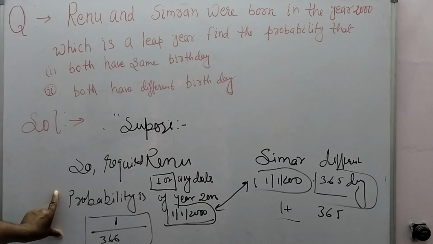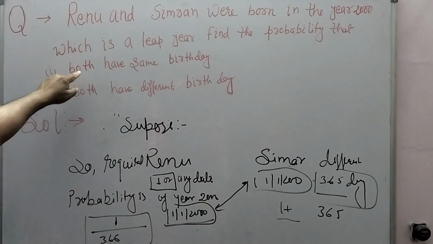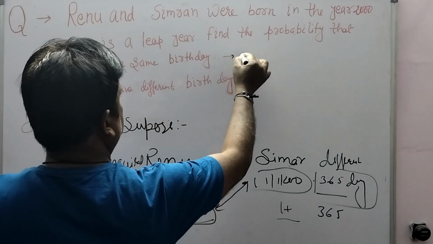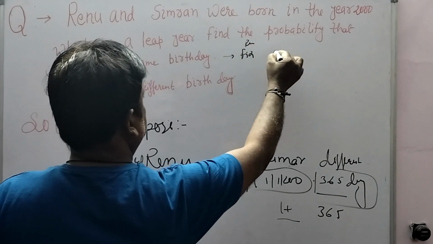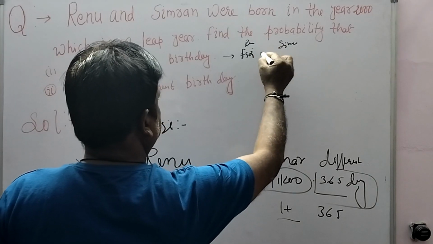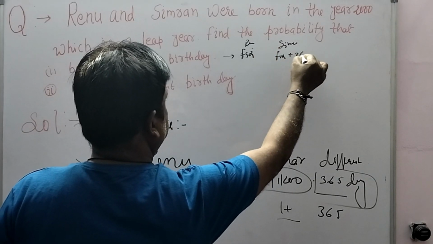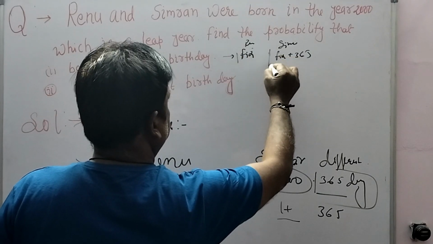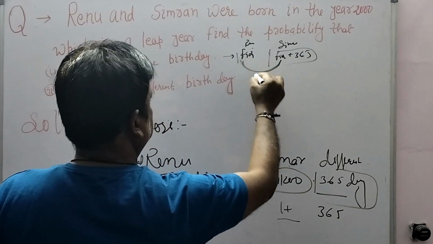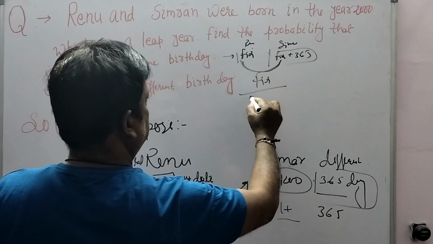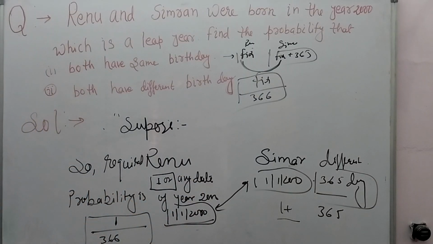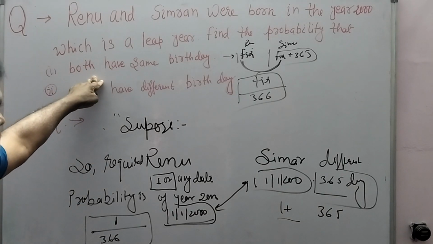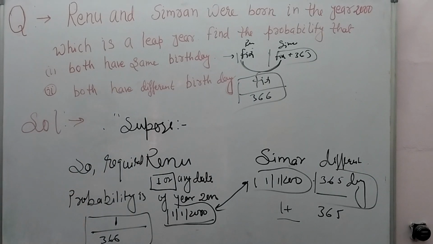I hope you understand this principle: this is the fixed date of Renu and Simran, plus 365 other dates. Only one favorable condition, the fixed date that both share, out of 366. Okay, hope you understand.